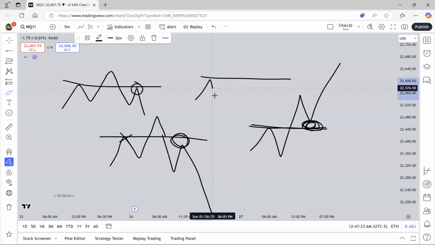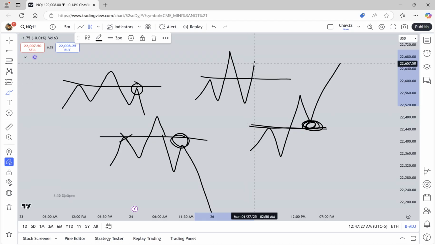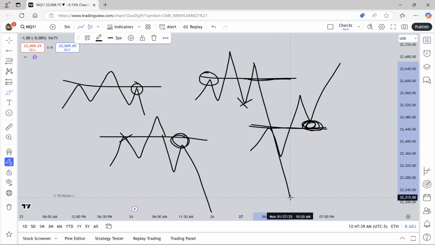If we create the high, break out, and then we come back and we break out again, we still need to watch this high. The high that was created here, we need to watch, because if we break this low, then it becomes a downtrend.